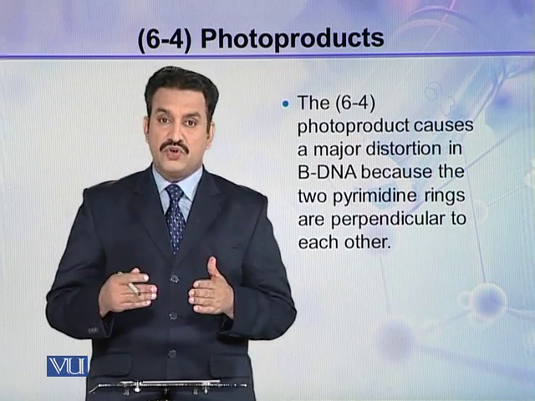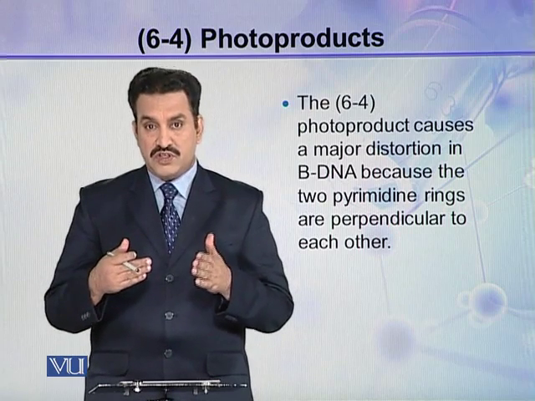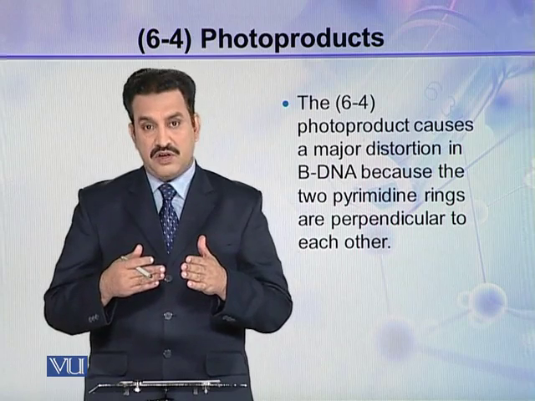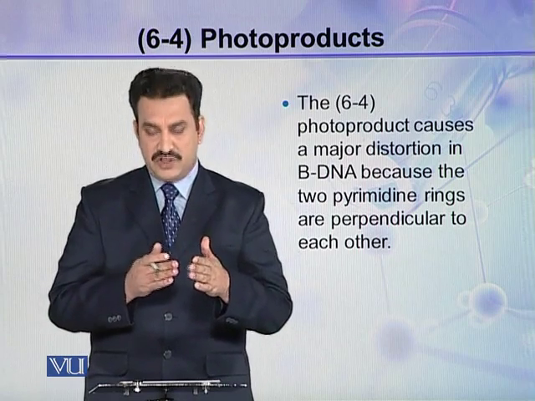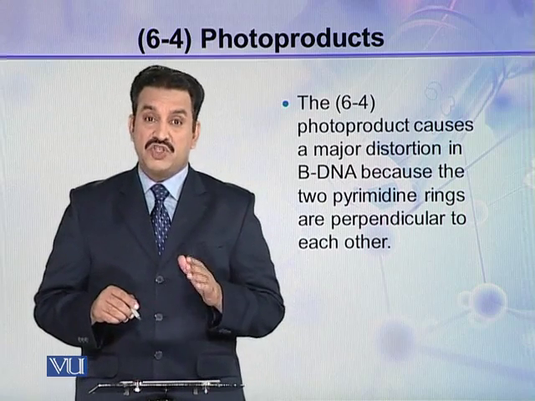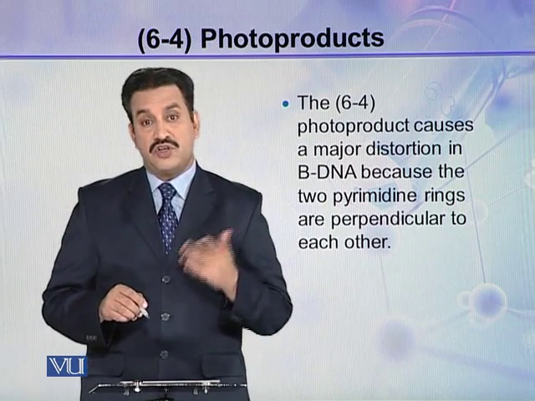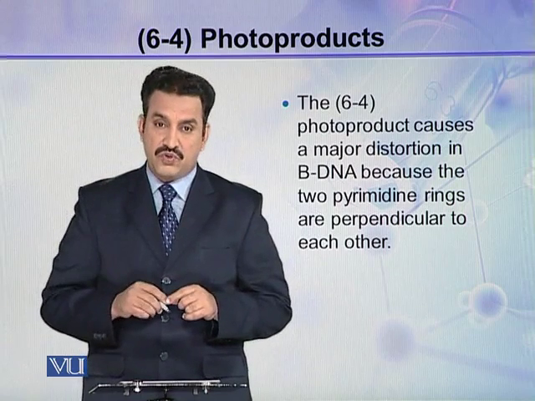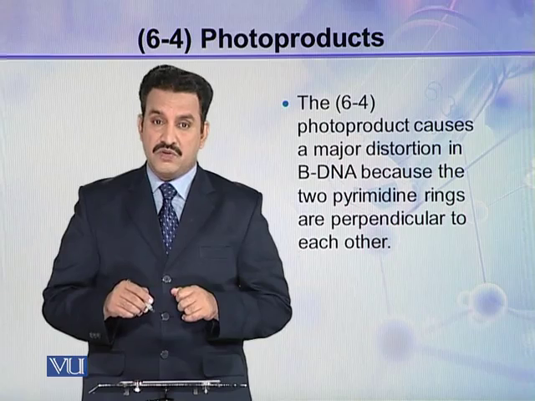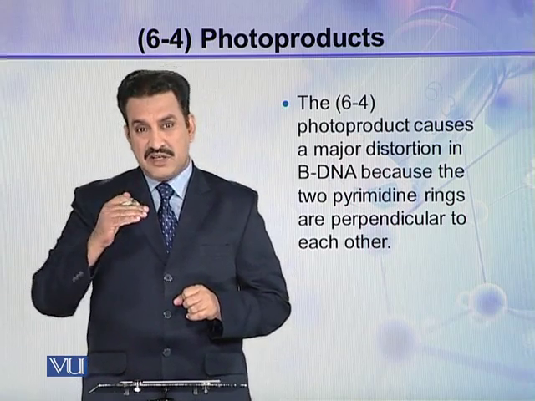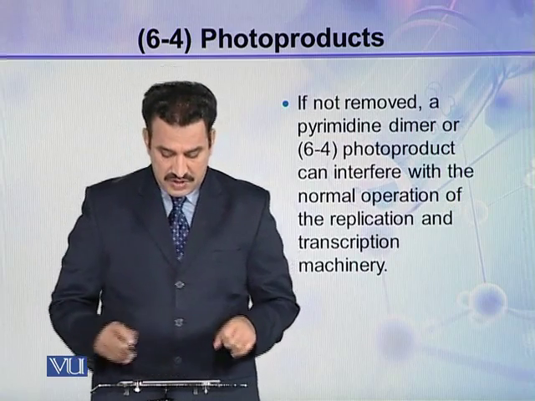By the formation of this bond between C4 and C6, the two pyrimidine rings become perpendicular to each other. That's why it causes a major distortion, in contrast to a minor kink produced by CPD, which was a kink of about 30 degree angle rotation.